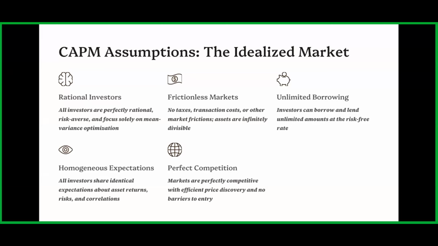Next, the homogeneous expectations. All the investors share identical expectations. That means what the investors want is the maximum expected return, a good return with the minimum risk. Next one is perfect competition. You already learned perfect competition in your subject economic analysis and business decisions.